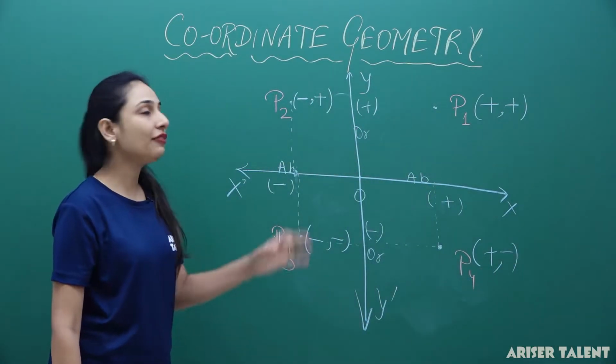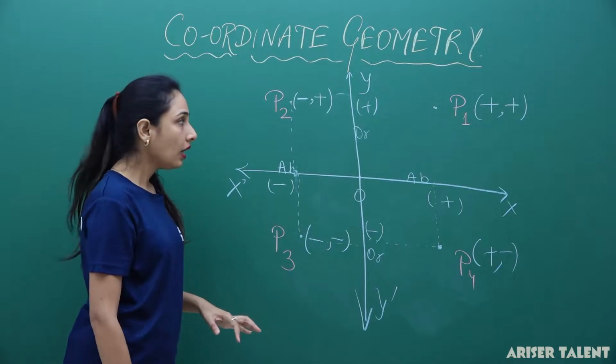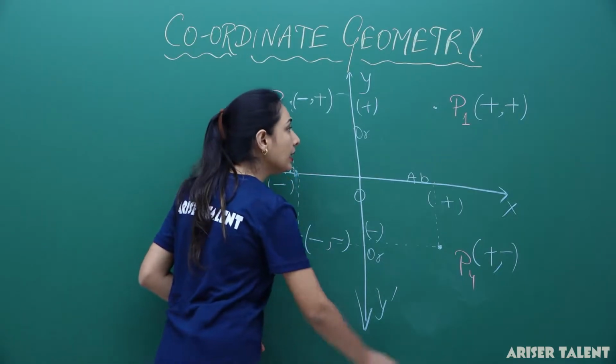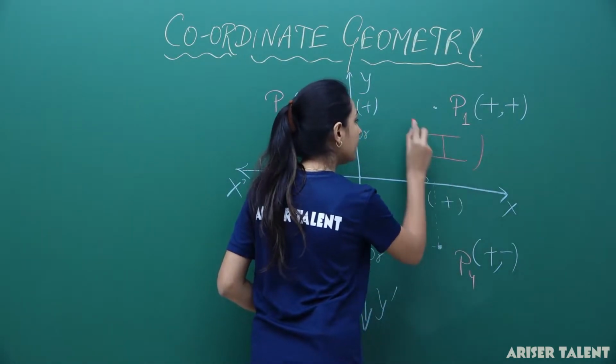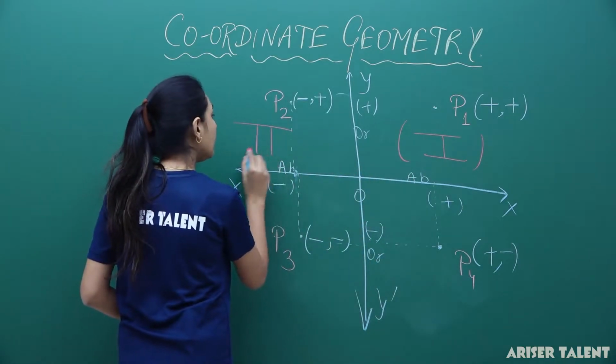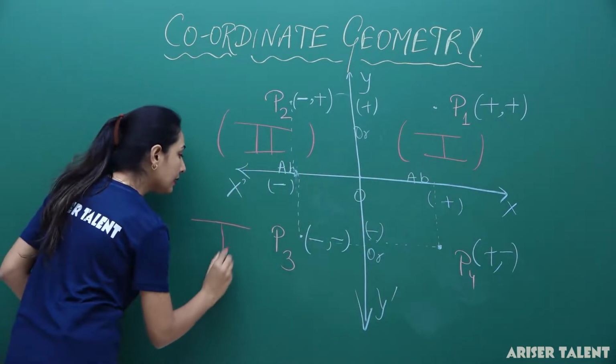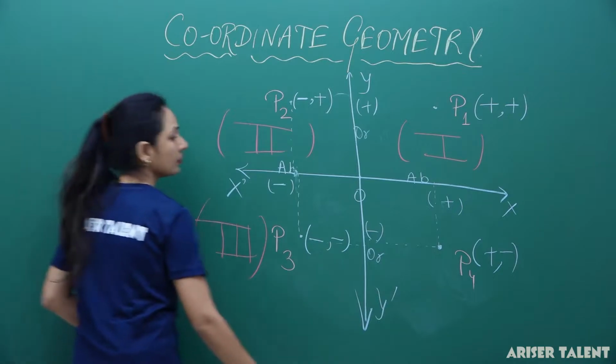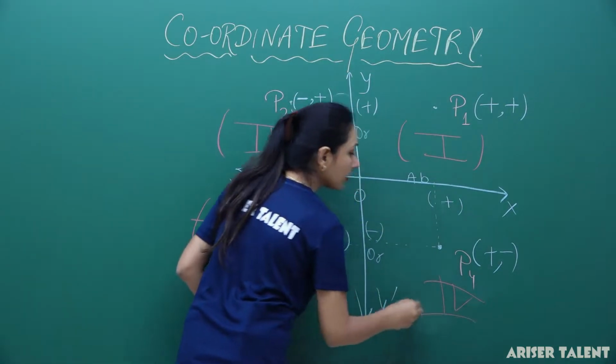Now, what is the benefit of all this exercise? First, I'll let you know, this is the first compartment, this is the second one, this is the third one, and this is the fourth one.